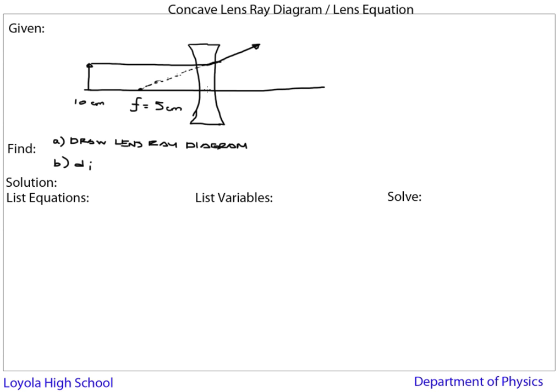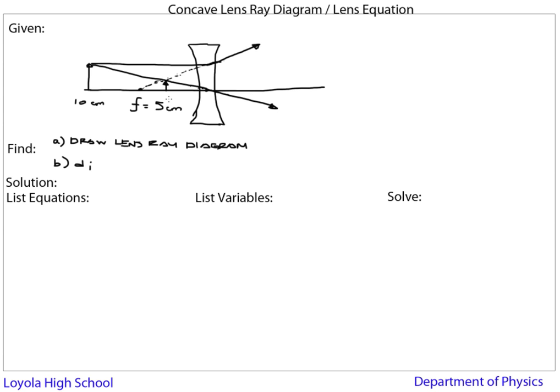I can also draw a line, like I did before with convex lenses, that goes through the center of the lens. I'll draw that one in right around here. I use the same logic. These two light rays will not touch each other, they won't intersect. But if I trace them backwards, they meet right about here.